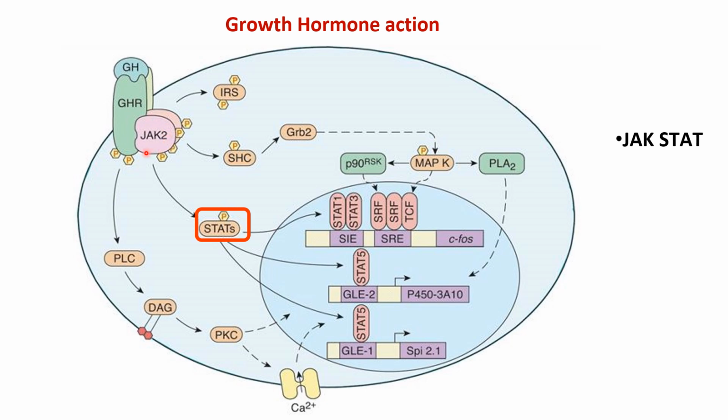It is associated with, but not an integral part of, the growth hormone receptor. STAT, signal transducers and activators of transcription, belongs to a family of inactive cytoplasmic transcription factors.